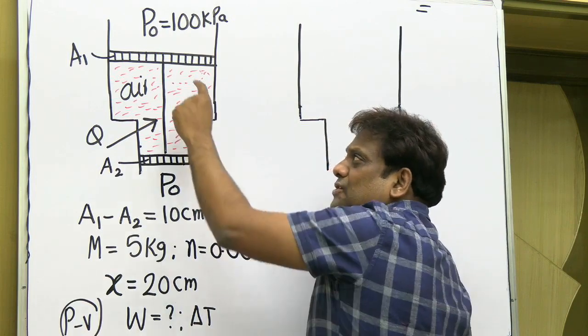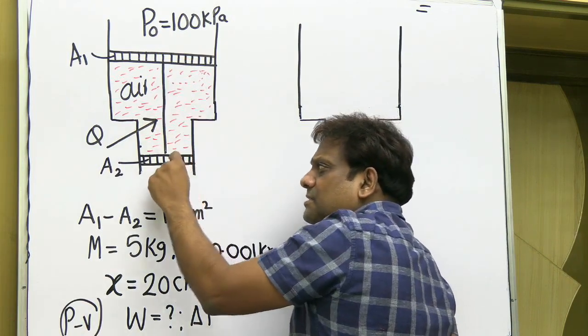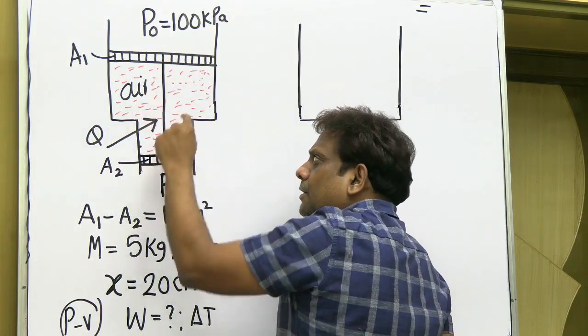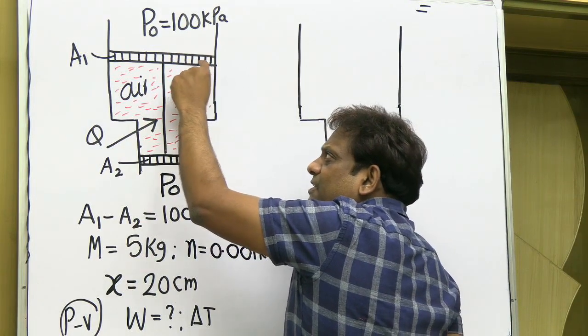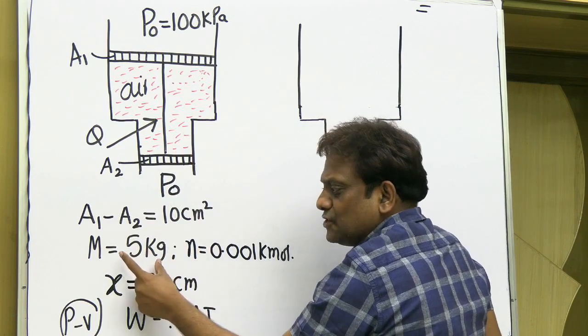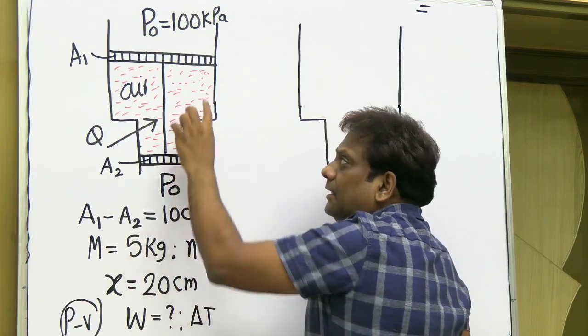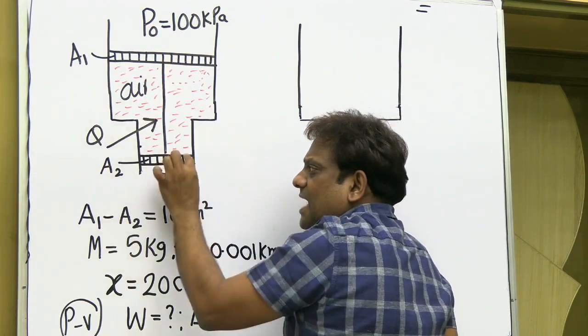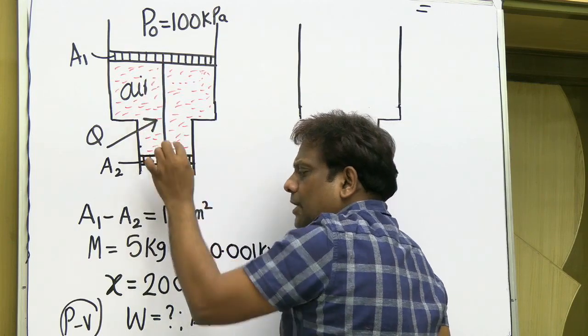The total mass of this piston assembly, means two pistons plus this rod, is given as 5 kilogram.